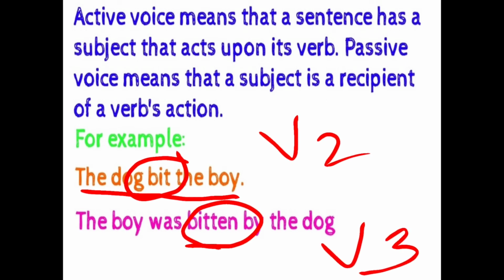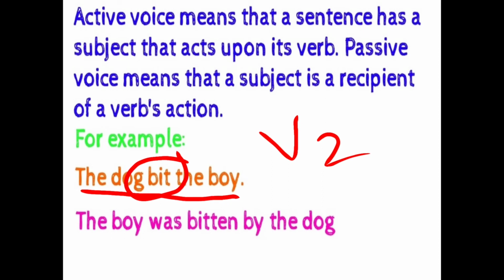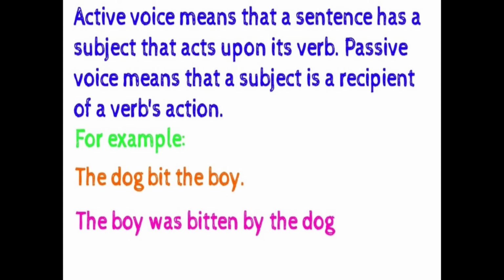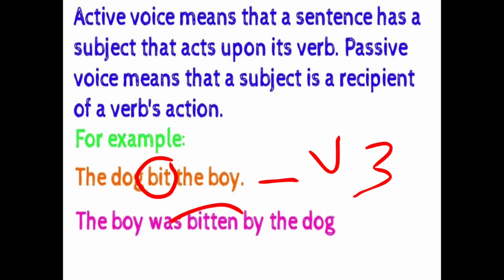Okay, passive voice will always be in verb 3 in every sentence. Got it? But sometimes the active voice is already using verb 3. So in such a case the passive voice also remains unchanged. It will use verb 3.